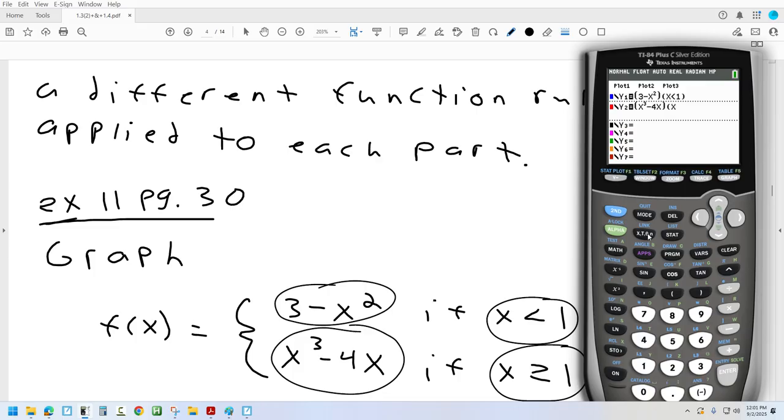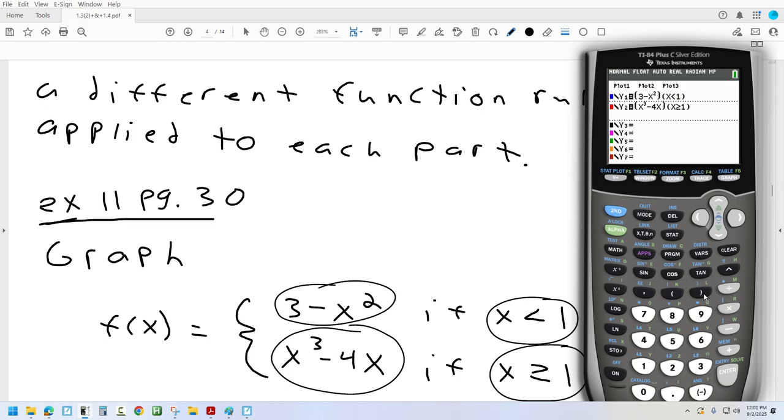So press x. Remember, inequality symbols are second math. This time you want the fourth one. Okay. That's how you type in a piecewise defined function.